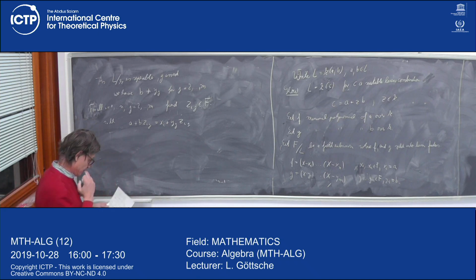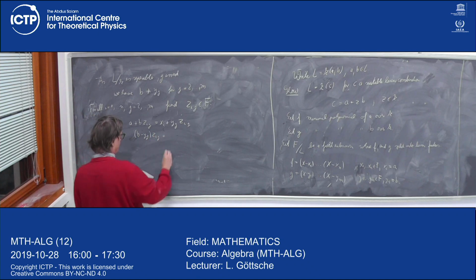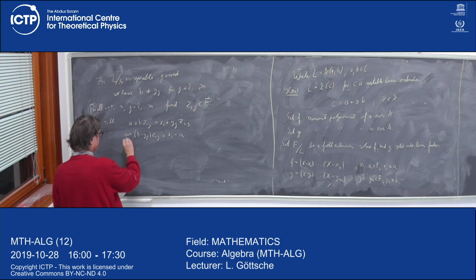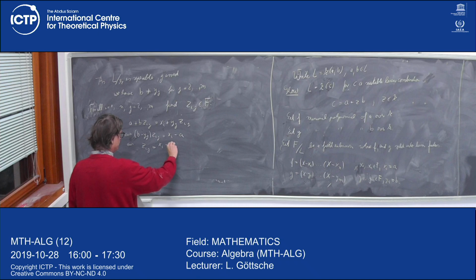We can solve it. So we bring this on the other side. So we have B minus yj times zij is equal to xi minus A. So it means that zij is equal to (xi minus A) divided by (B minus yj).